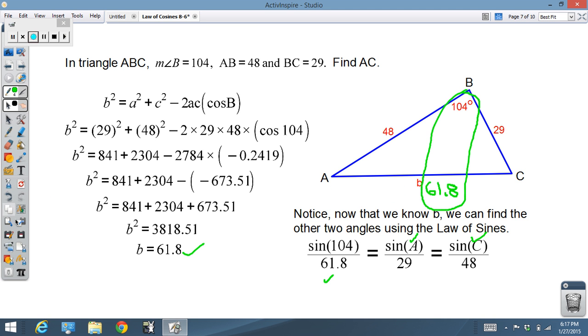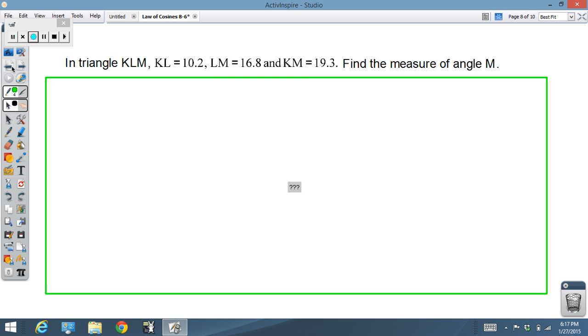All right, let's try another one. Okay, that's it. All right, this time I'm going to cross you up. We're going to use a triangle, but we're going to call it KLM, where we have side KL, side LM, and side KM.